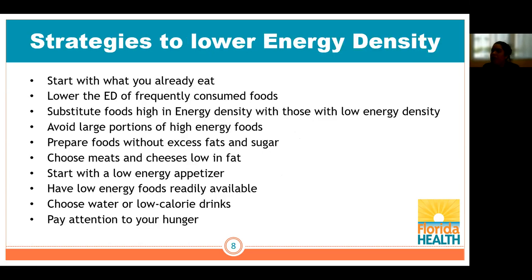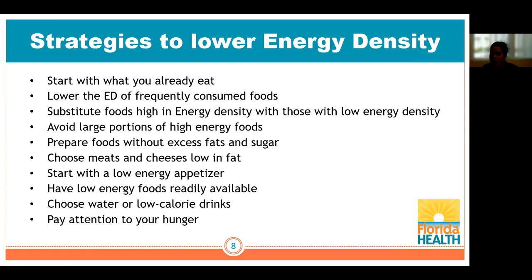So I'm going to give you some strategies to lower energy density. There are really simple, easy ways for you to lower energy density and just eat better. To start, you start with what you already eat. What I mean by that is give yourself time to adjust to this pattern of eating. Don't go crazy buying all these vegetables, all these healthy things.